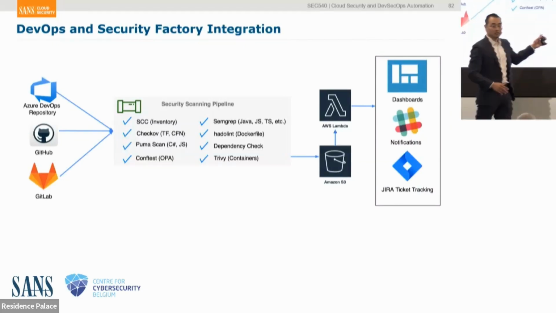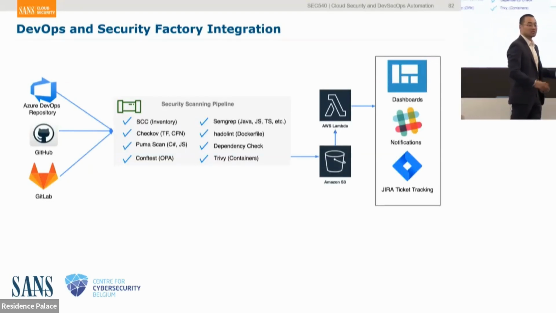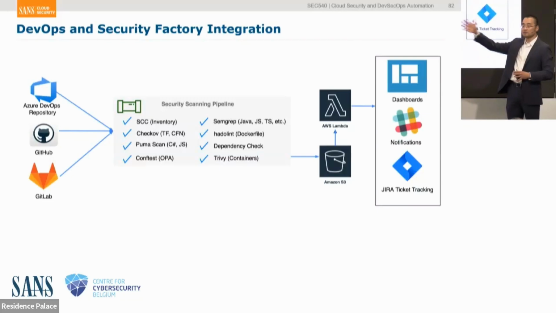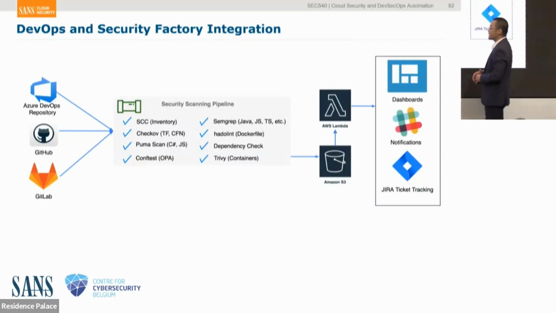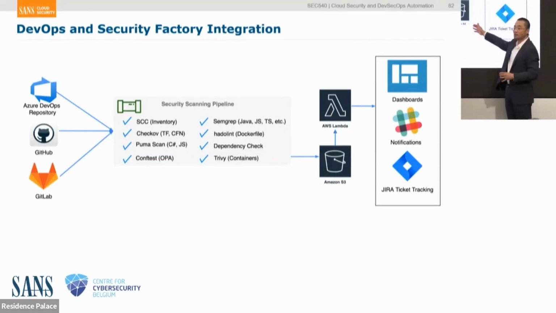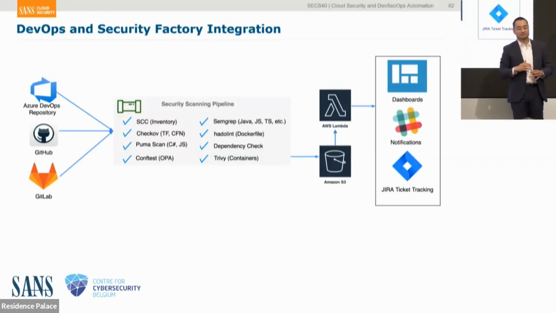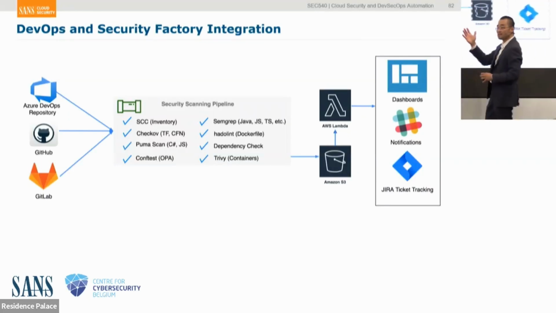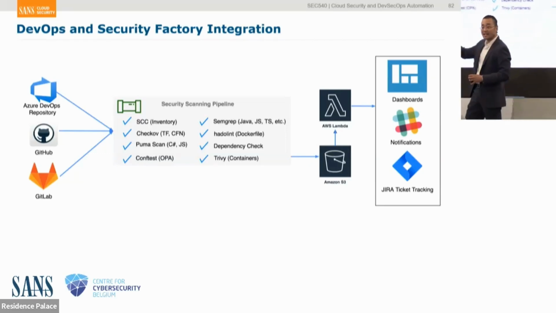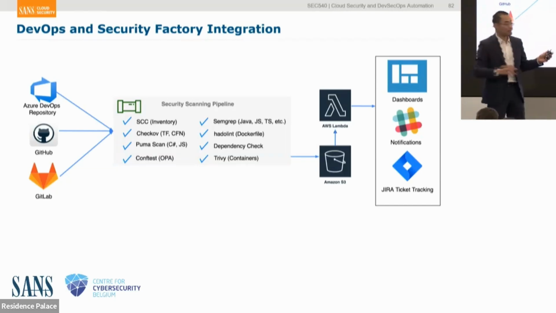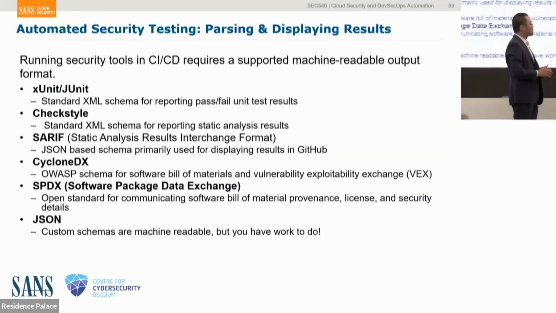Now, we've specifically used various free open source tools just for reference so that we're not necessarily talking about a specific vendor, but all of the code comes in from the various repositories, goes through the scanning pipeline, and as we're going to see at the very end, the very last demo, what we talked about in the prior session is that depending on what happens, you might have some automation kick off via Lambda that could take some sort of action, whether that be from a metrics perspective, a Slack notification, opening a Jira ticket, whatever it might be, right? So this is the common modern workflow that hopefully many of you are experiencing firsthand.